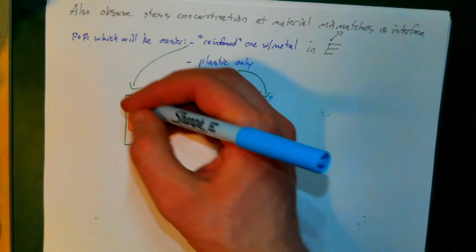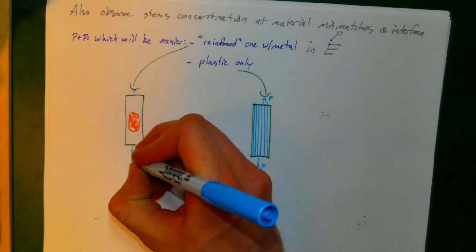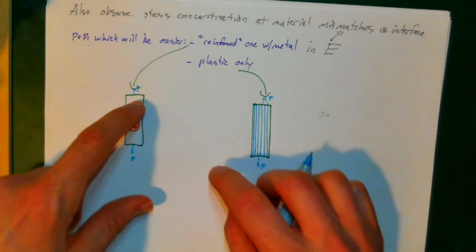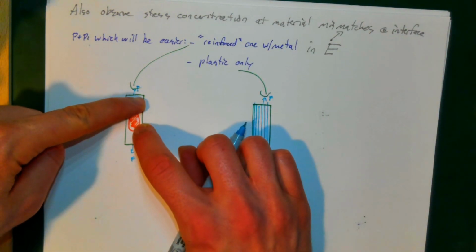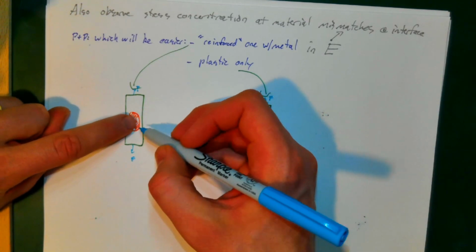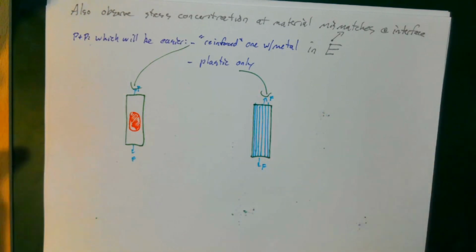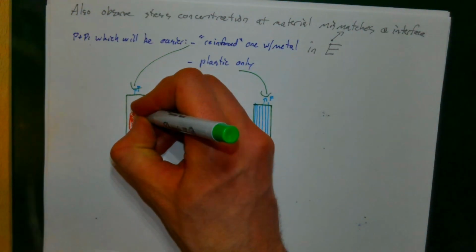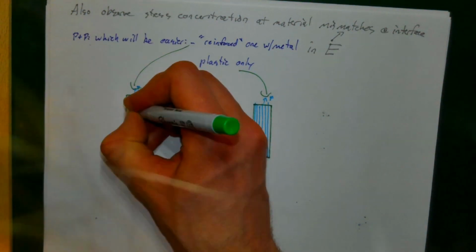Well, what happens when I apply this force is the plastic starts to deform, but the stiffer material in the middle does not deform, right? So basically the plastic is like, hey, let's stretch, let's stretch, let's stretch.